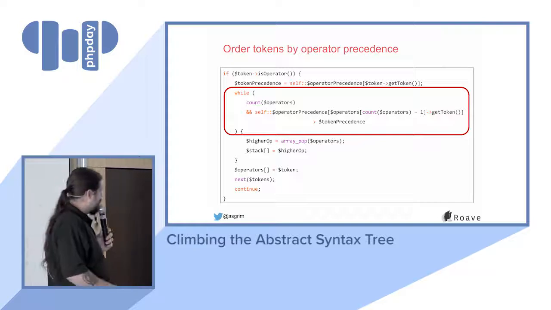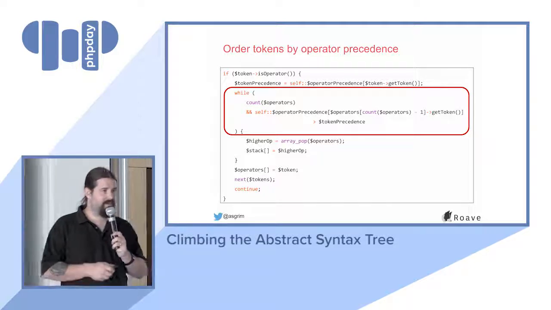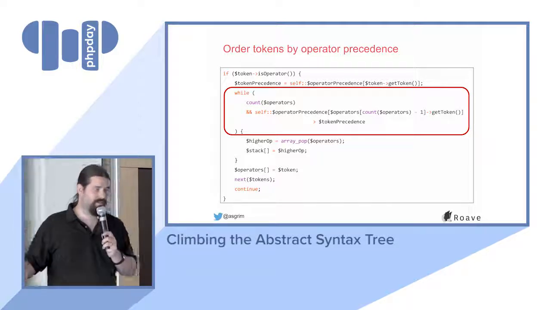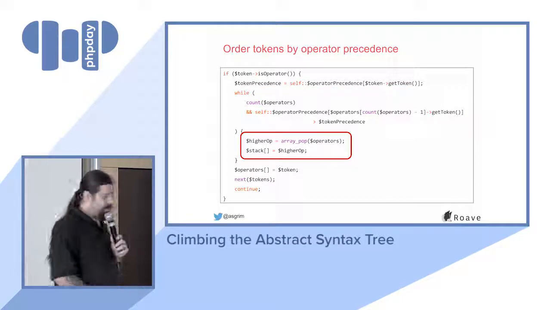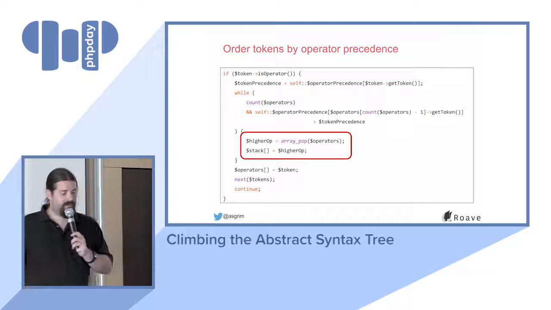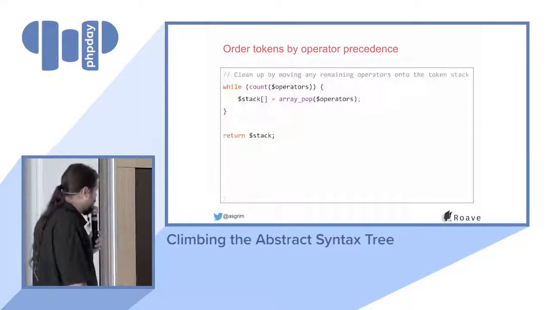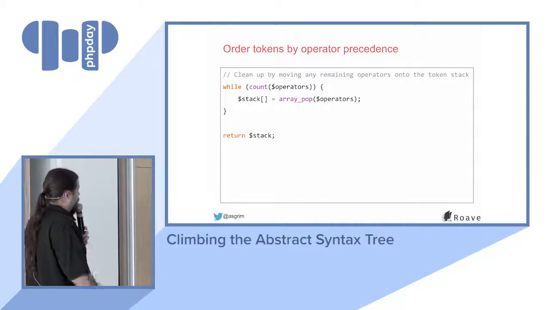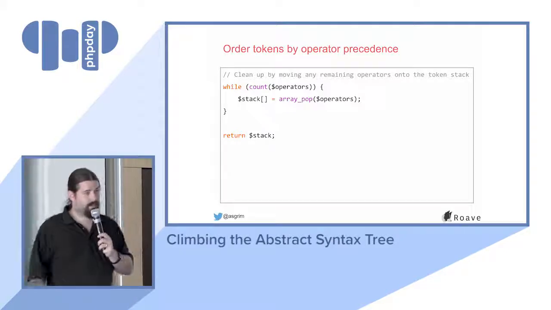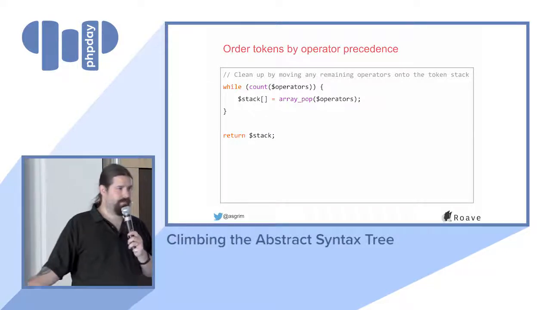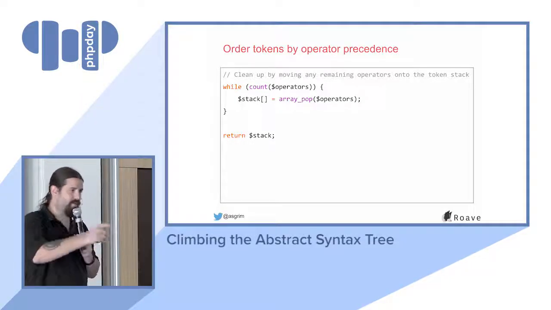However, on each iteration, we loop through the operator stack and find out if we've got any that are of higher precedence than the one we're on. If we do, we pop it from the operator stack and push it onto the output stack. And then at the end of this loop, we pop off any operators and put them onto the output stack. So basically, we've taken these tokens and put them in an order.